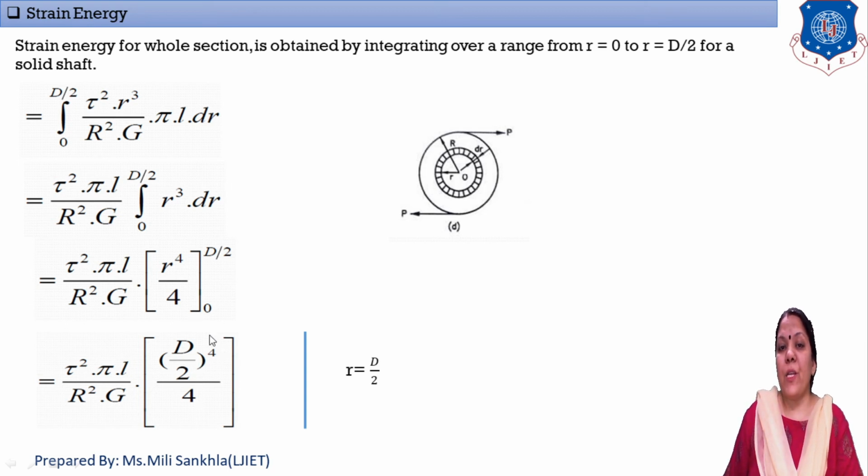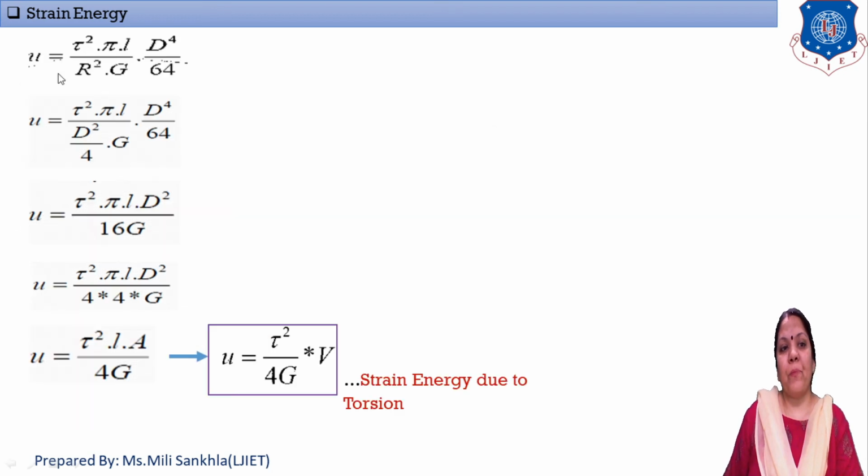Simplifying, 2 raised to 4 is 16, and 16 times 4 is 64. Next, U equals τ² π L divided by R² G, then D⁴ divided by 64.